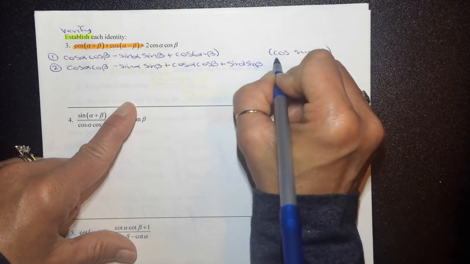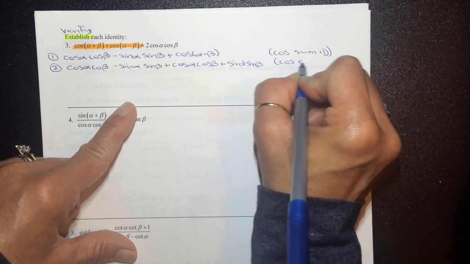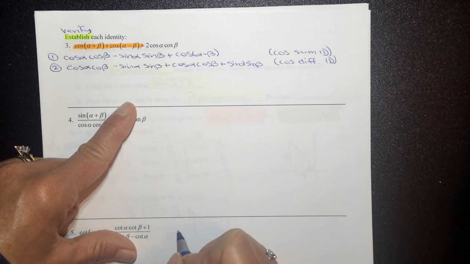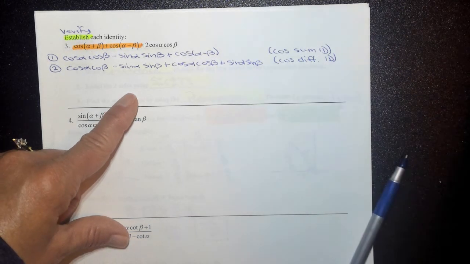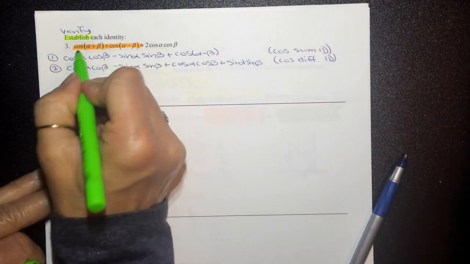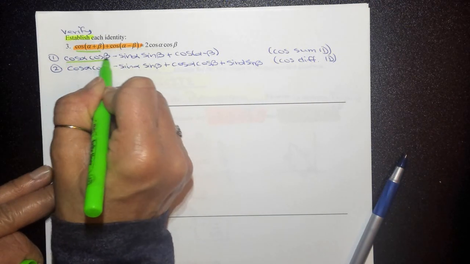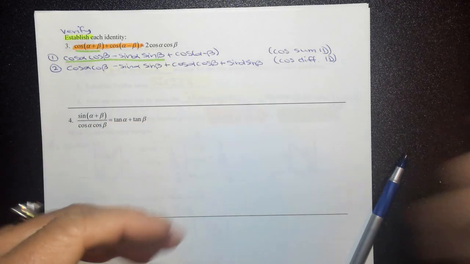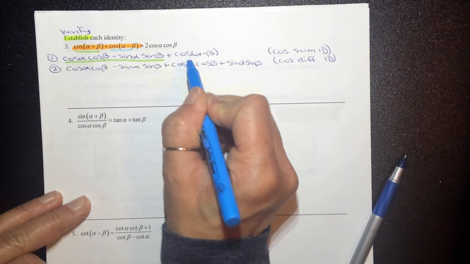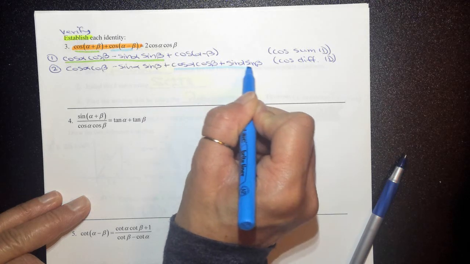And this is cosine difference ID. Okay? So what I did was I made the substitution for this one, and that's right here. And then I made the substitution for this one, which is right here.